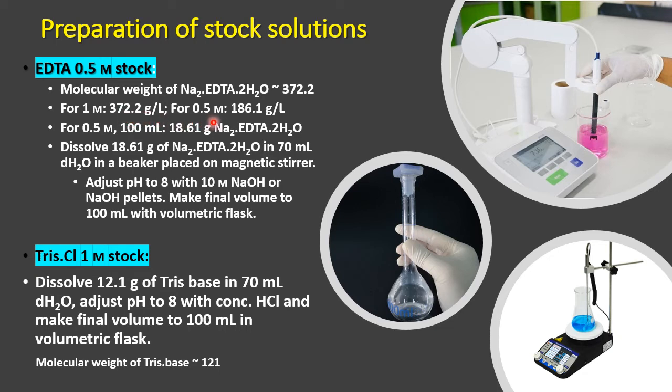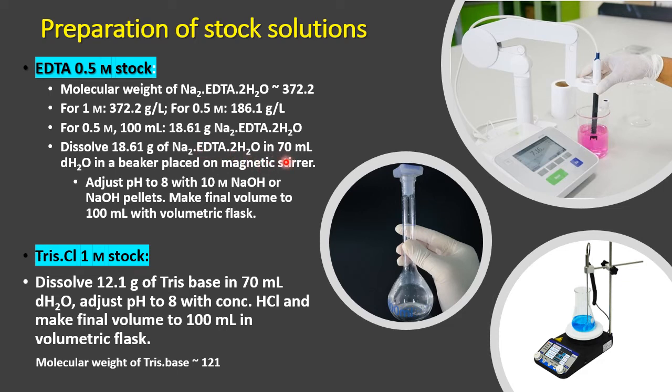And for 0.5 molar, of course, you divide it by 2 and you need this much. We are not going to make 1 liter of it, so you just need 100 ml. So you need only 18.61 gram of this sodium EDTA, and you dissolve it in a lower volume, maybe 60 to 70 ml.